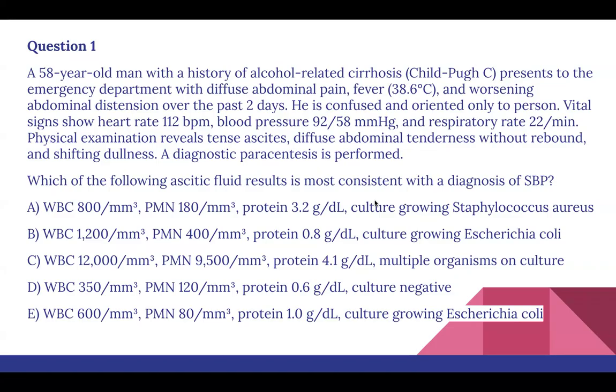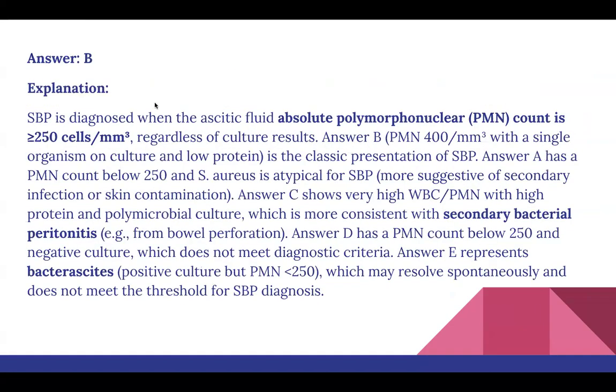So we have 5 answers, and the correct answer is answer B. So why is B correct? SBP is diagnosed when ascitic fluid PMN is greater than 250, and it doesn't depend on cultures.